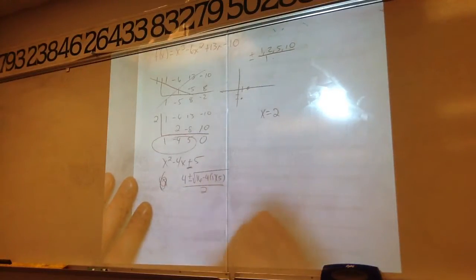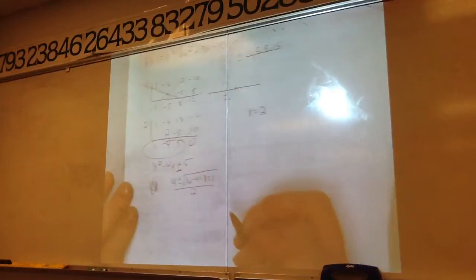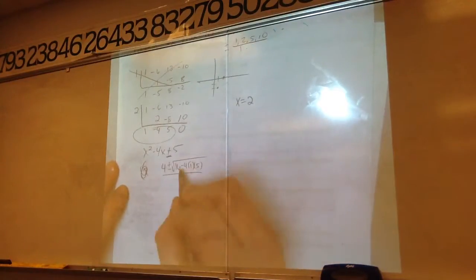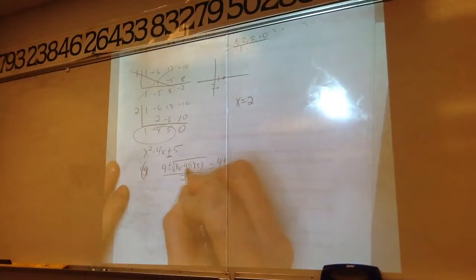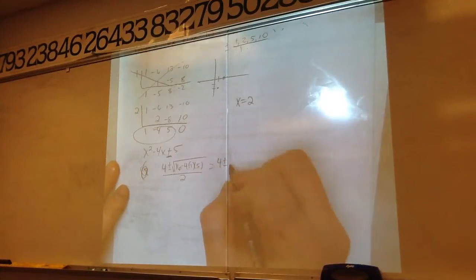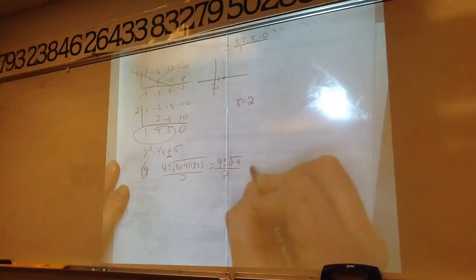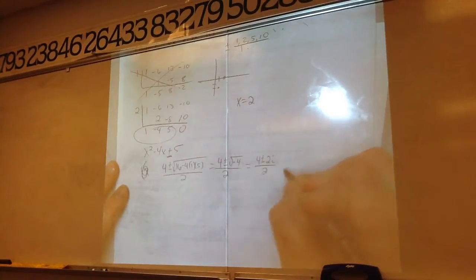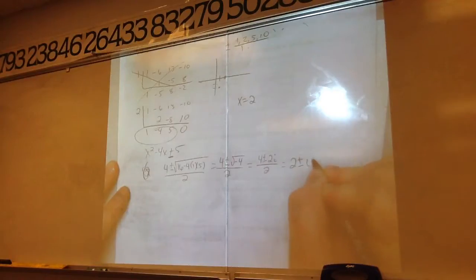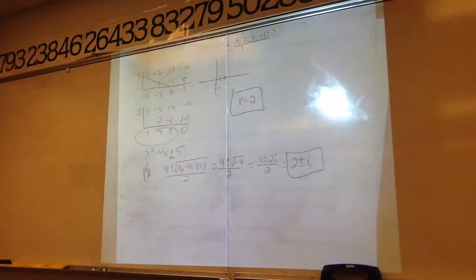Yep, they're imaginary, because that has a negative under there. 4 times 5 is 20. 16 minus 20 is negative 4, or 2i. So 4 plus or minus 2i over 2 equals 2 plus or minus i. So there are the 3 roots. And now we're done.